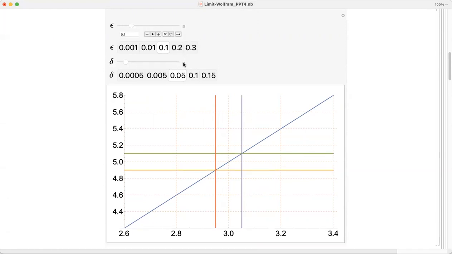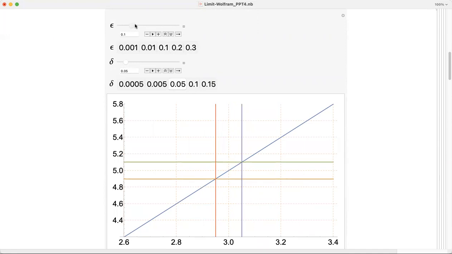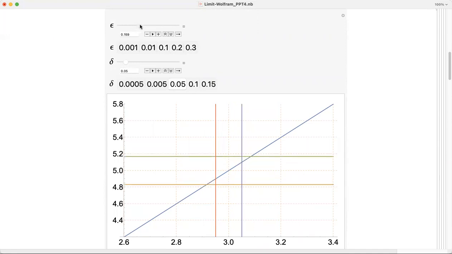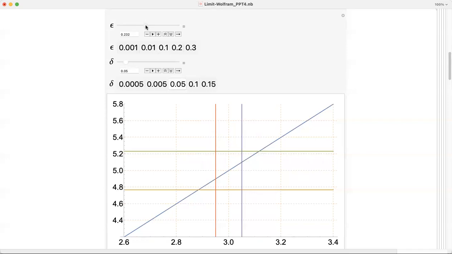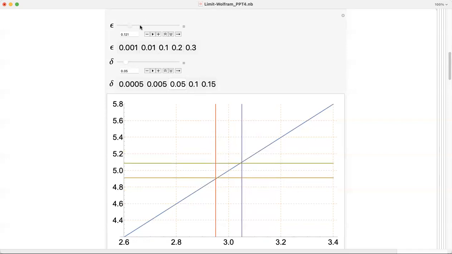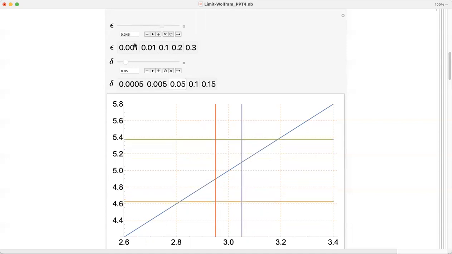For any value of epsilon, we can find an appropriate value of delta so that the distance between f of x and 5 is within epsilon.